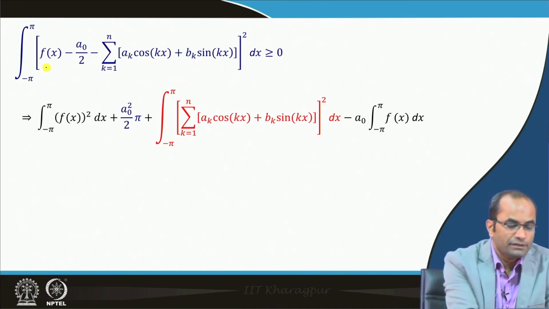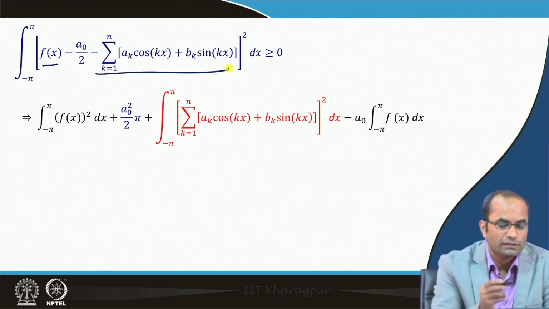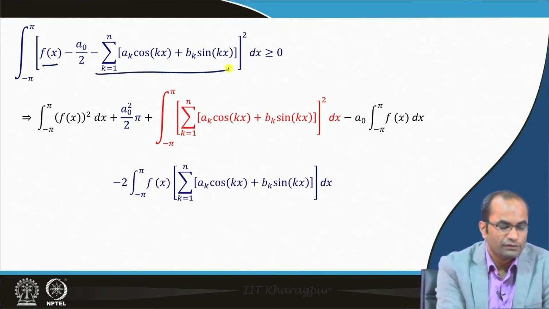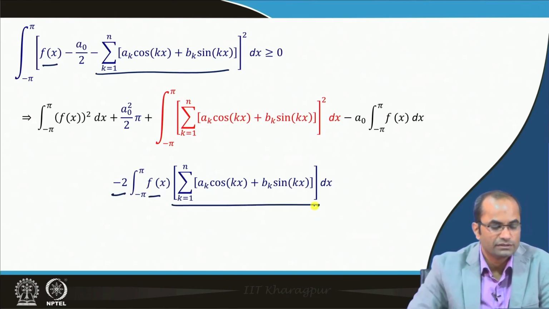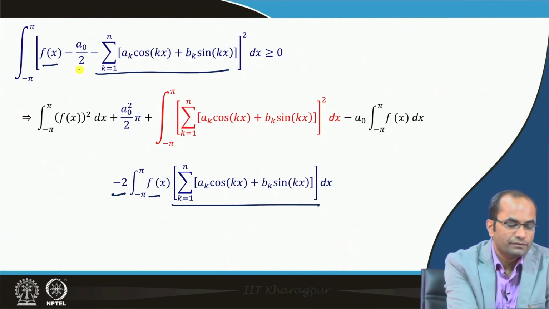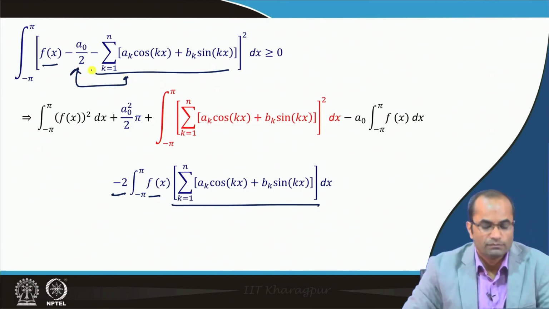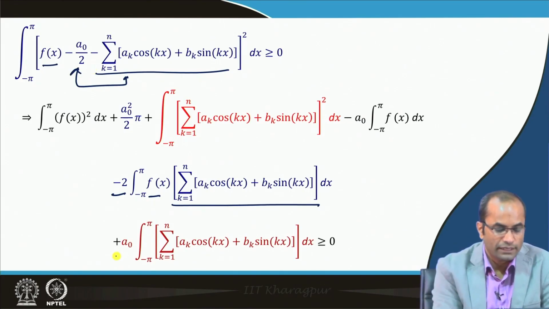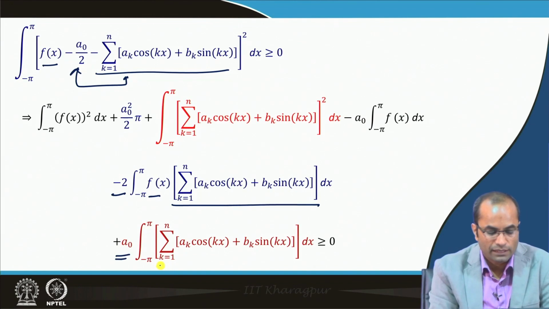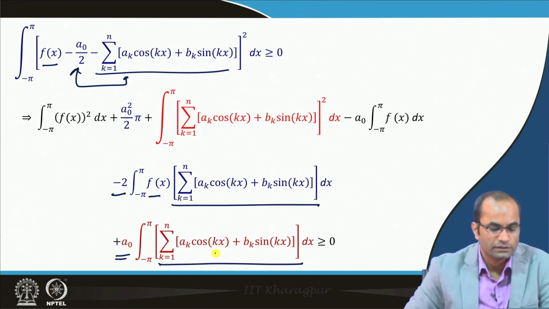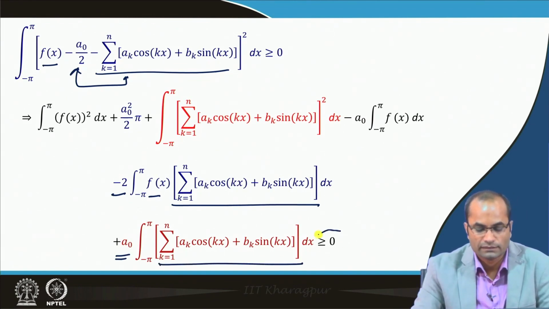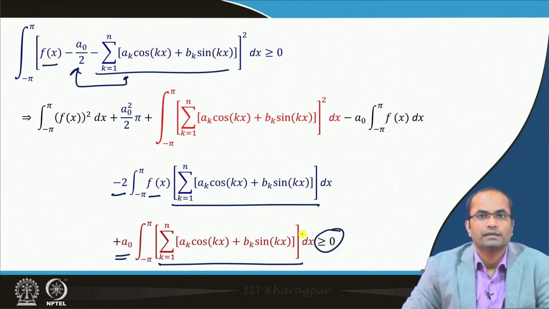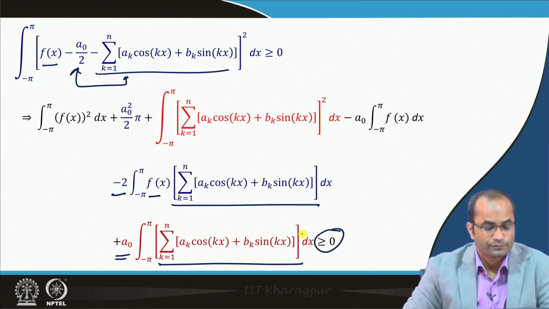Then we have the product of f x with the summation, with minus 2 of course, so minus 2 f x times the summation. And at last, the product of the 2 a naught by 2 and the sum: a naught, and the 2 cancels with the 1 by 2, and we have the integral of this summation dx. Everything has to be greater than or equal to 0.